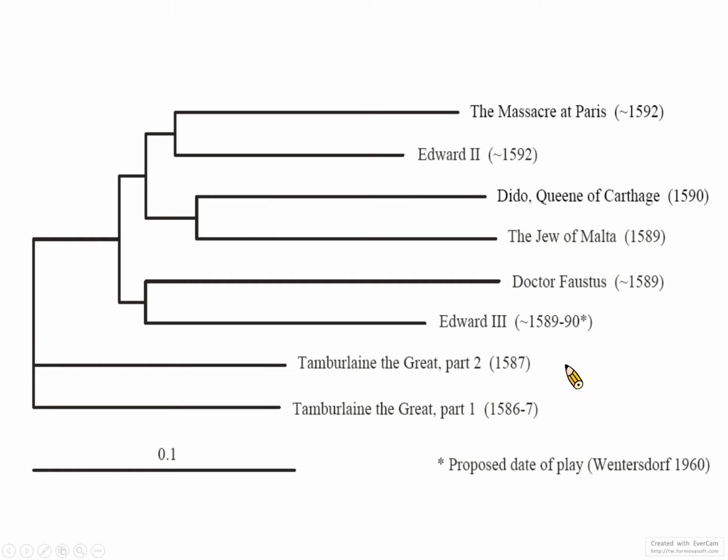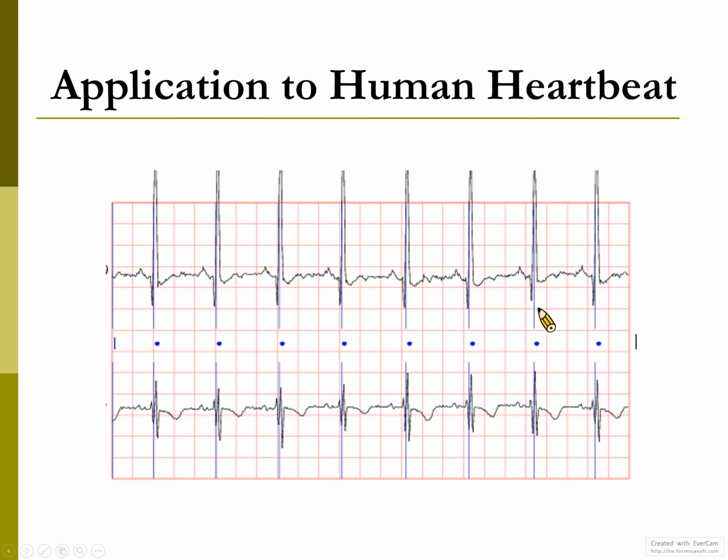And we found that, according to the chronology, it should be placed among Marlowe's plays, not Shakespeare's plays. So that is one of the beautiful results of using the distance measure to find the relationship between different texts. And also, of course, this method can be used in medical applications.